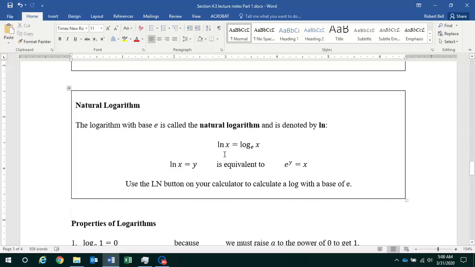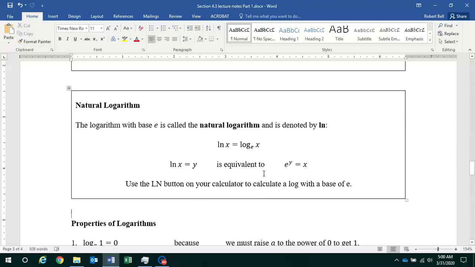So whenever you see ln, ln of x, ln of anything, we're talking about log base e. So natural log of x equal to y is equivalent to e to the y power is equal to x. If instead of ln of x over here, we had log base e of x, then the corresponding exponential equation would be e to the y power is equal to x, okay?